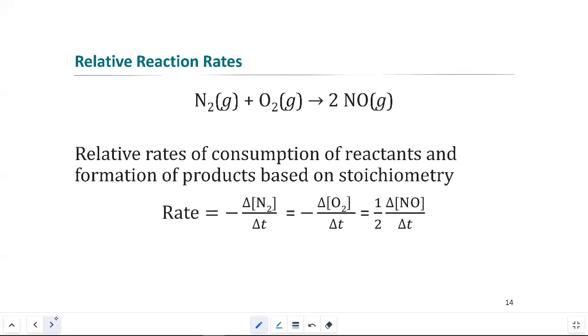It's a 1-to-1 ratio of nitrogen to oxygen in this balanced chemical equation. And if I wanted to look at the rate of reaction for the nitrogen monoxide, well, stoichiometry tells me it's double. Nitrogen monoxide is going to be coming out twice as fast as nitrogen and oxygen are going to be used up.